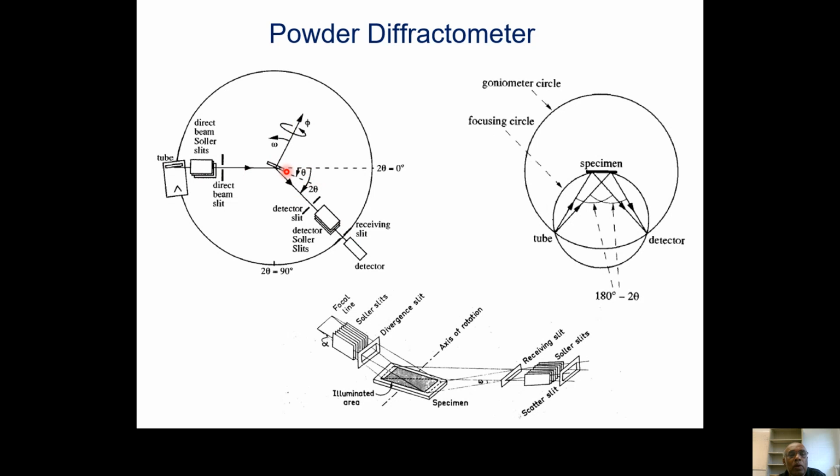You also have the ability to rotate the sample around this in the phi direction. This is how the X-rays are going to be on the specimen. This is your sample here, right? You can see how they go from tube to detector. This is the standard typical instrument setup with all these collimators and slits.